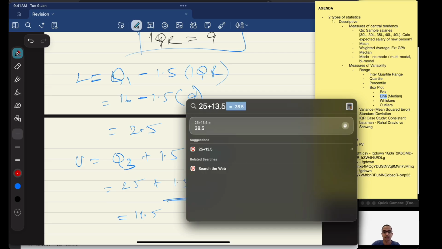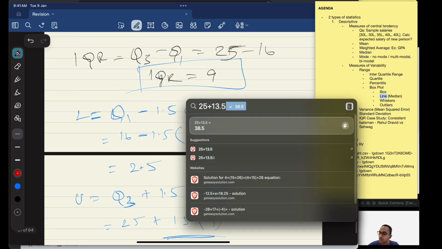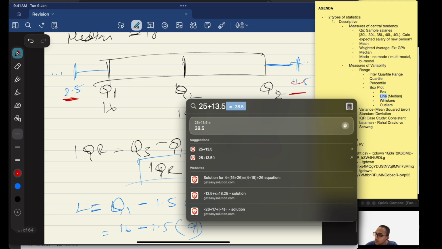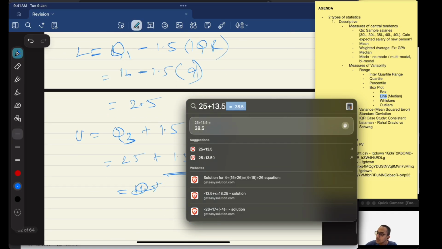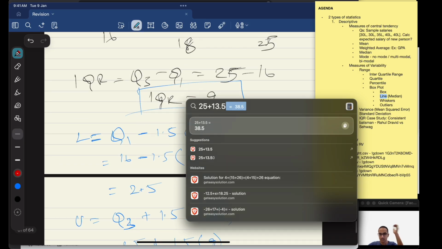I think I subtracted. Yeah, it's 38.5. Why did I subtract it? 38.5. Okay. That's correct, right? So 9 into 1.5 is 13.5 plus 25, yeah, that's correct.